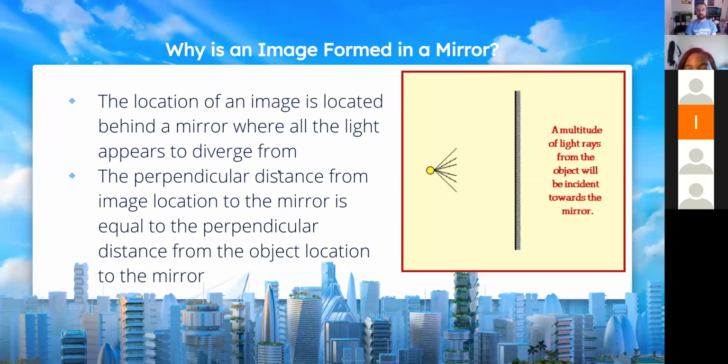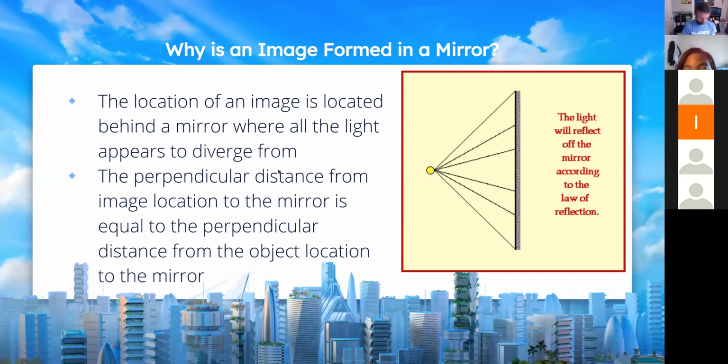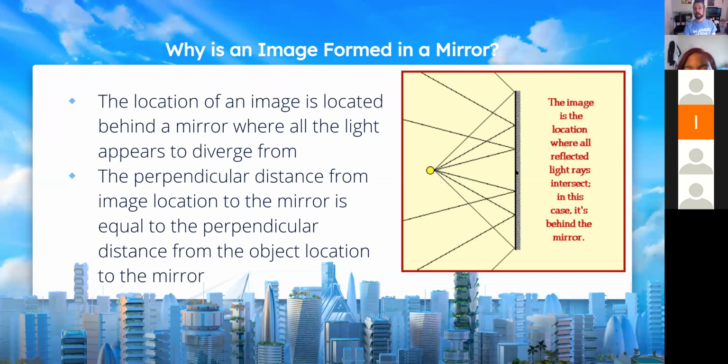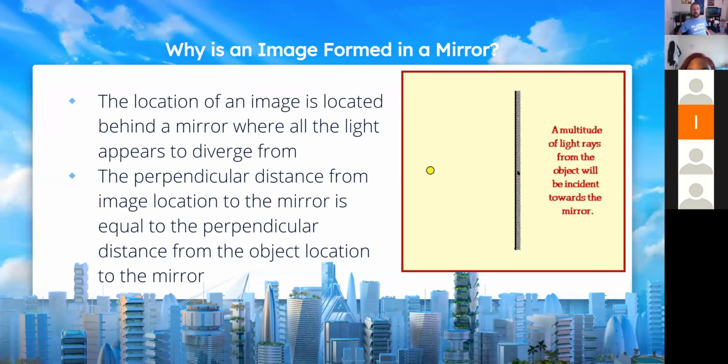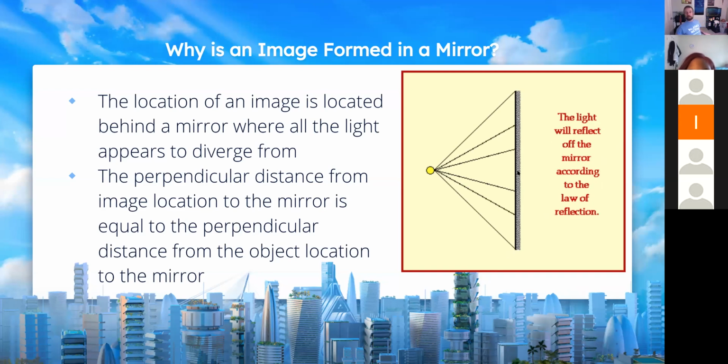Wait, so it's equal from that line? So along this normal line, from the object to the mirror, this distance is equal to the distance here from the mirror to the image. Okay, so the image will appear to be as far behind the mirror as it is in front of the mirror.